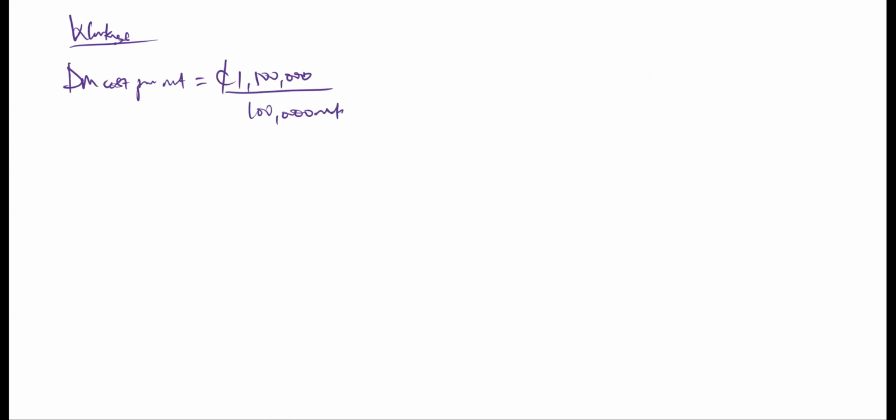Workings: direct material cost per unit. What does direct material cost per unit become? We know the cost was 1.5 million, but it was for 100,000 units. And that means the direct material cost per unit is what?